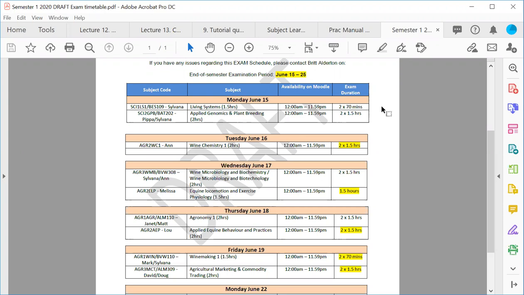So the general rule is to add 50% and then split those exams into 2 shorter exams. That's why for Living Systems, instead of one single 1.5 hour exam, you'll be having 2 70-minute exams.